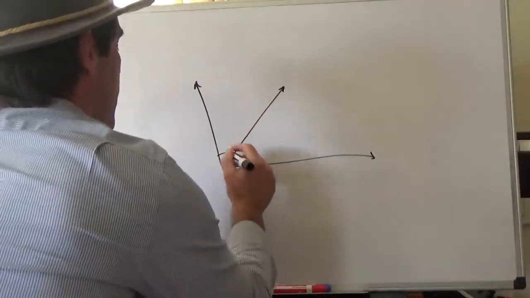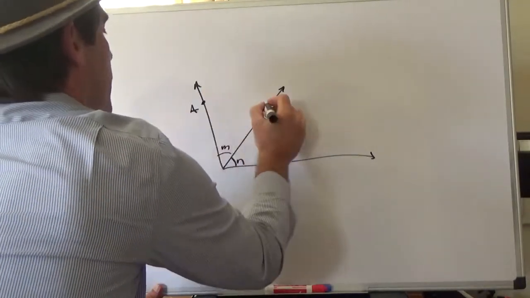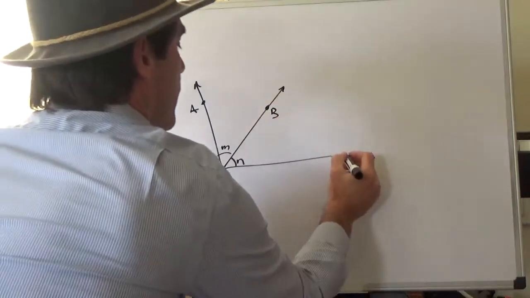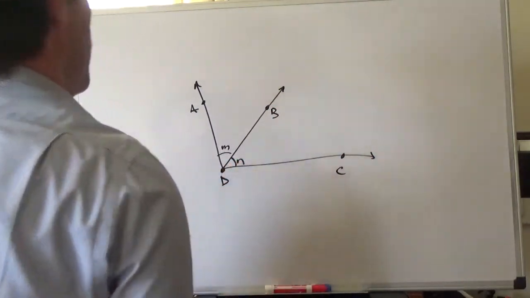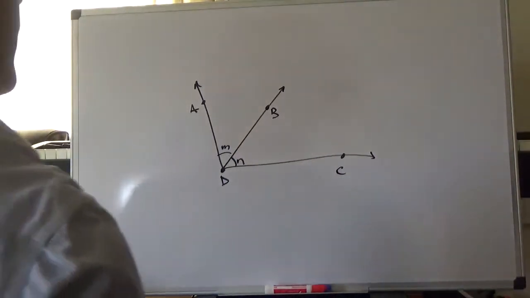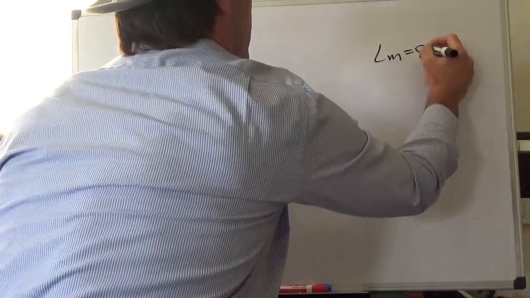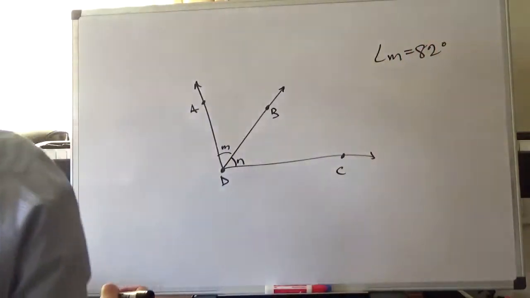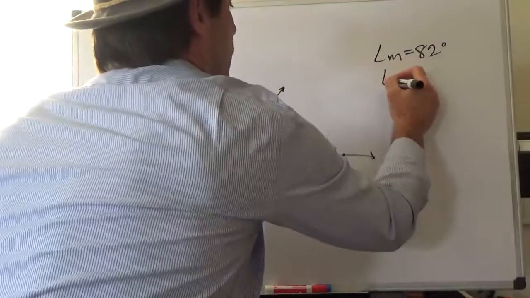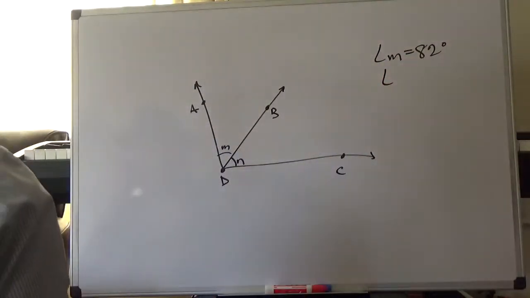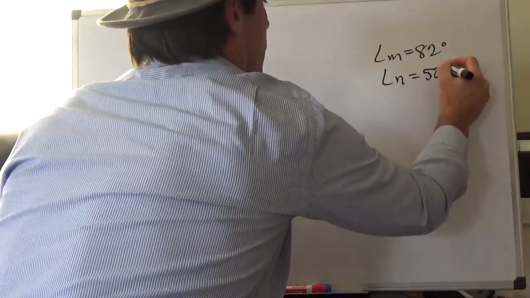So let's say that's going to be angle M. We'll call this A, B, C, and D. Let's say angle M equals 82 degrees, and angle N equals 50 degrees.